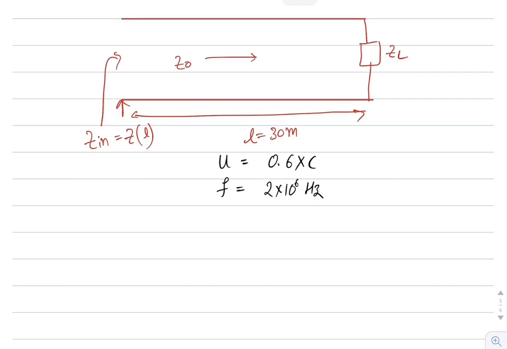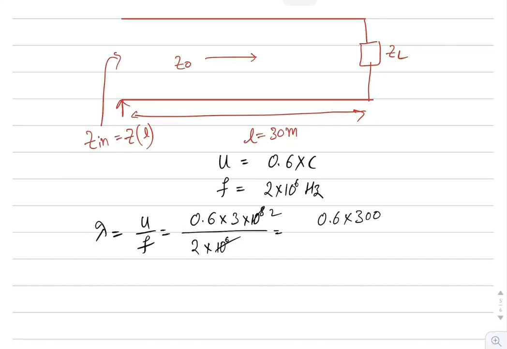On a transmission line, you have to move a distance of 30 meters, and the corresponding value in terms of lambda is, if you want the operating wavelength, lambda equal to U by F, that is equal to 0.6 into 3 into 10 power 8 divided by the operating frequency, 2 into 10 power 6, that is equal to 0.6 into 300 by 2, that is equal to 90 meters.